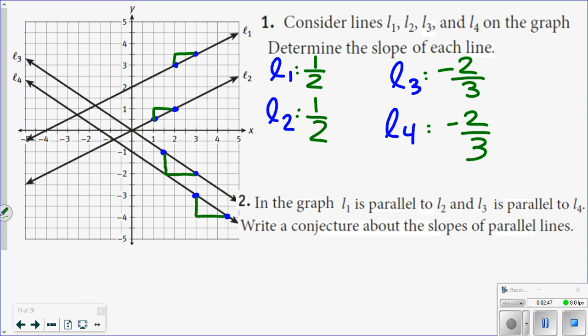Question 2 says, in the graph above, line 1 is parallel to line 2, and line 3 is parallel to line 4. Do we agree with that? L1 and L2 are parallel, L3 and L4 are parallel. So what can we say about the slopes of parallel lines? What do we notice?